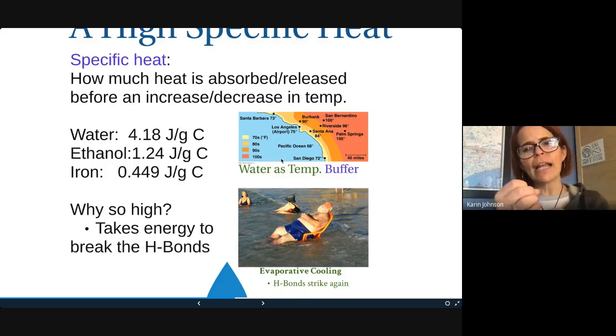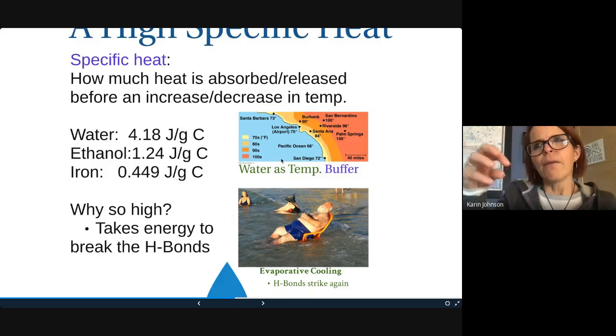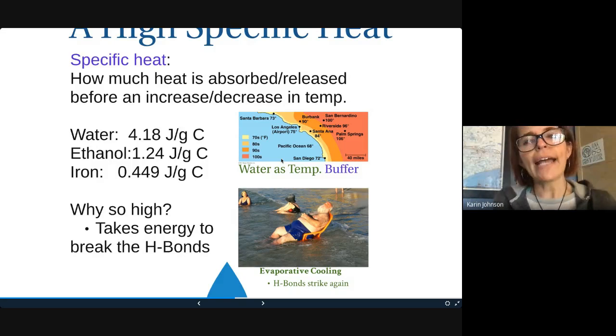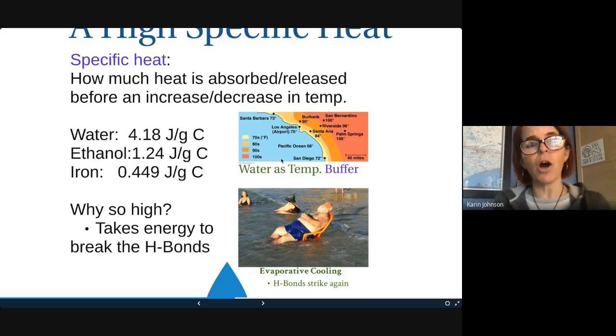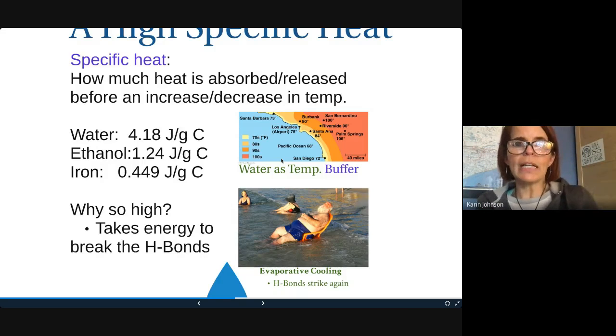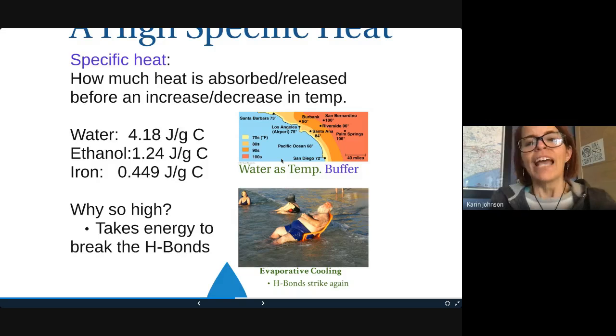Let's imagine a thermometer that has red coloring and alcohol in it. As that thermometer absorbs energy, let's say you put the thermometer in a pot of boiling water, it starts absorbing the energy from its environment, and that energy is absorbed by the alcohol, and the molecules start moving faster.